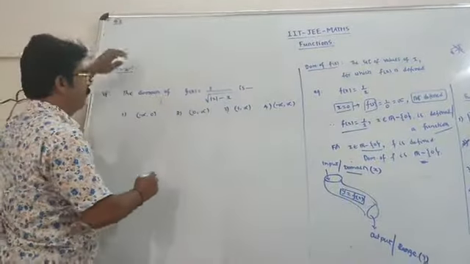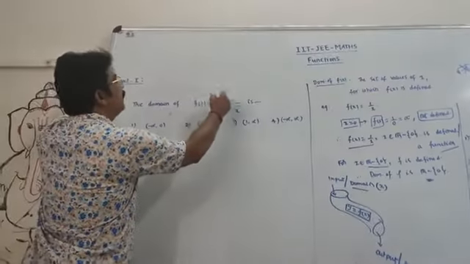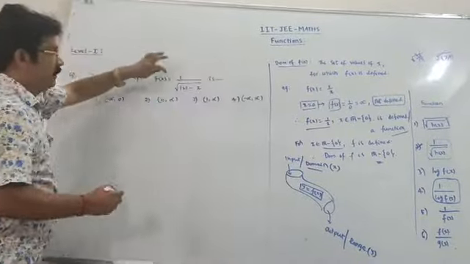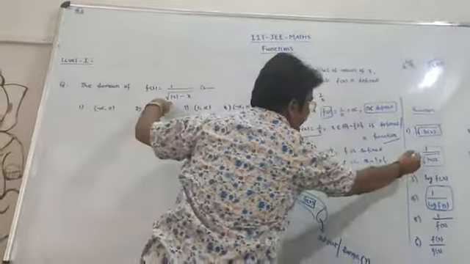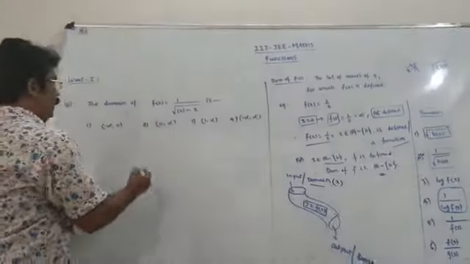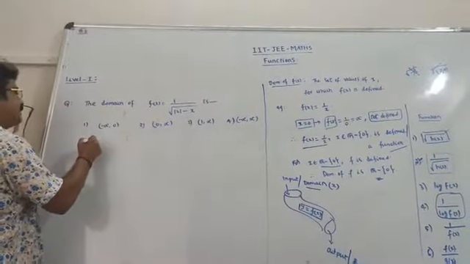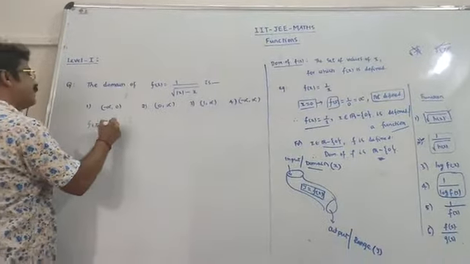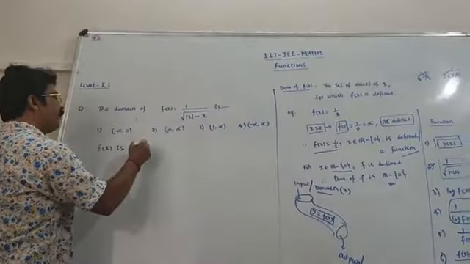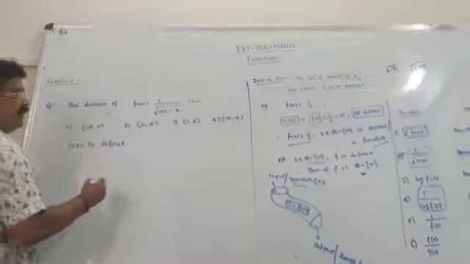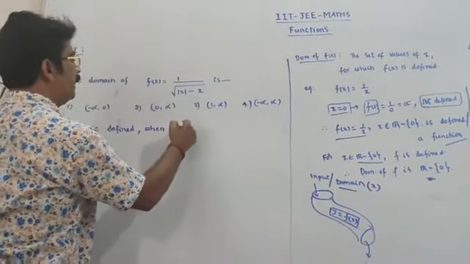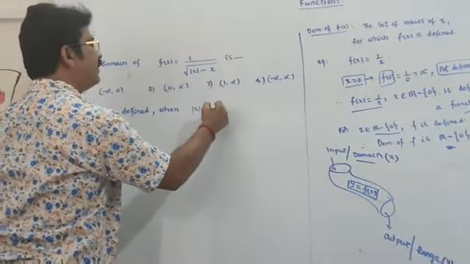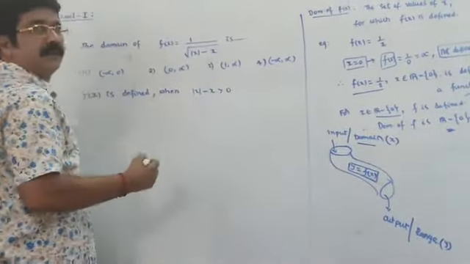Now f of x is given as 1 by root of modulus of x minus x. So it is in the second form. So f of x is defined when modulus of x minus x is greater than 0.